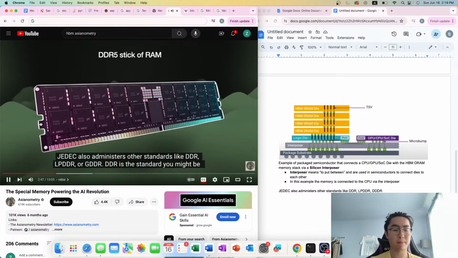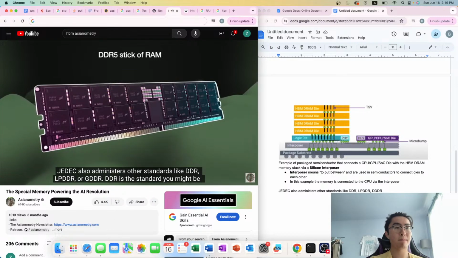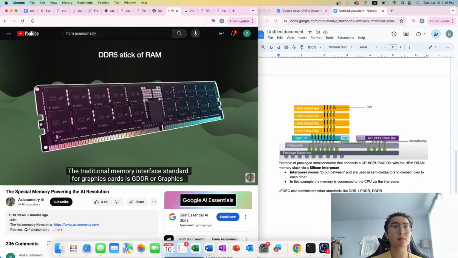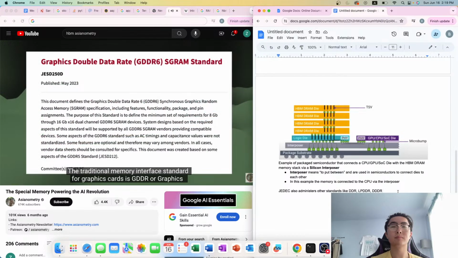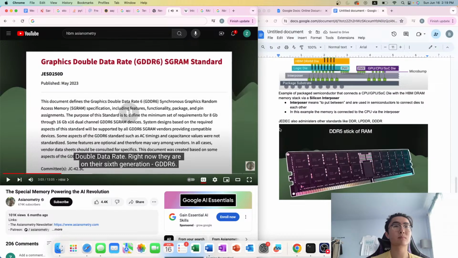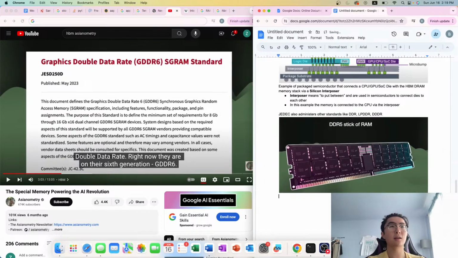The traditional memory interface standard for graphics cards is GDDR, or Graphics Double Data Rate. Okay, right, I think we had talked about this last time actually.